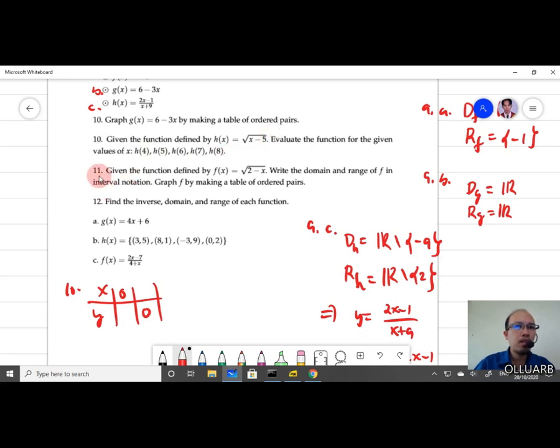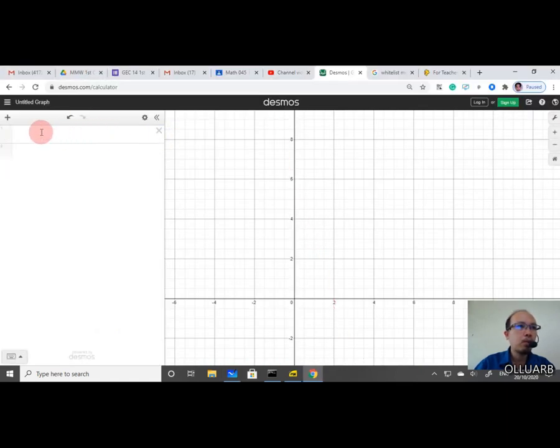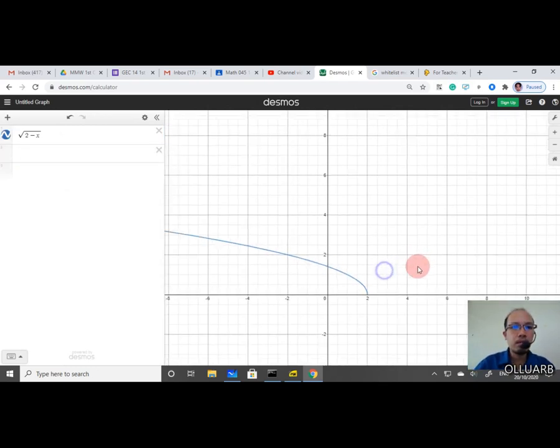For 11, write the domain and range, and then make a graph. So the graph is something like this: square root of 2 minus x. So this is the graph again.